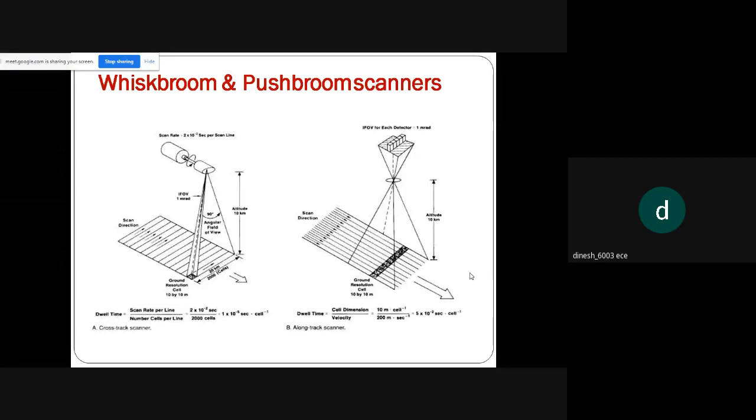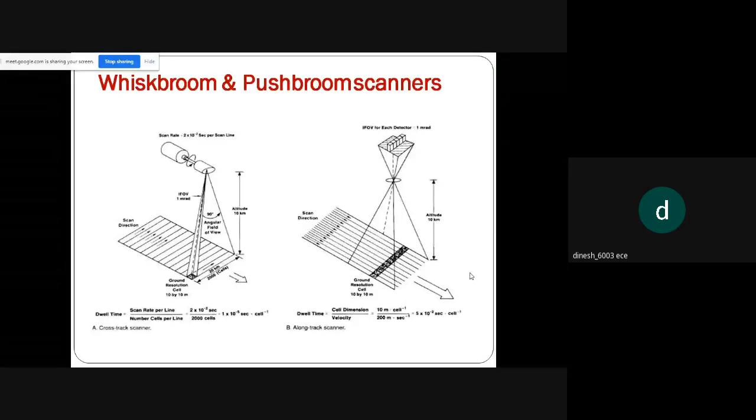So the scanning rate is 2 × 10^-2 seconds per scan line for across-track. The number of cells per line will be 2000 cells.